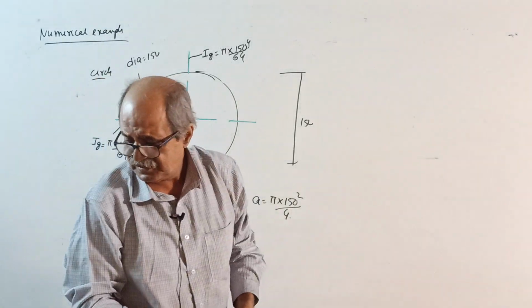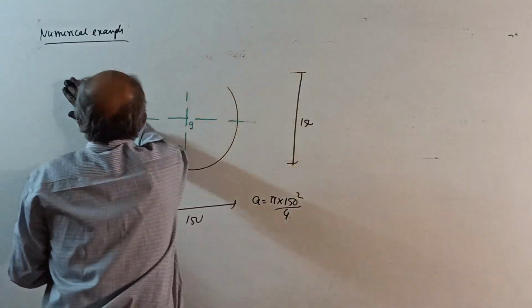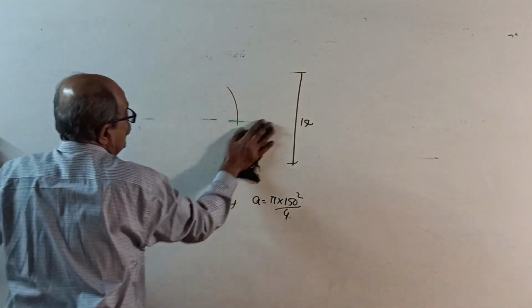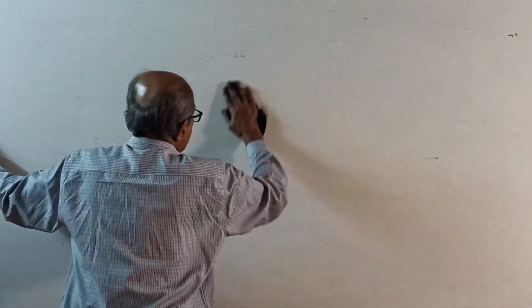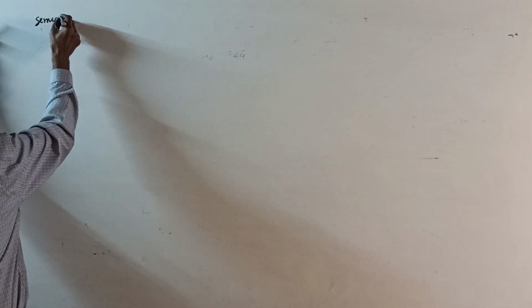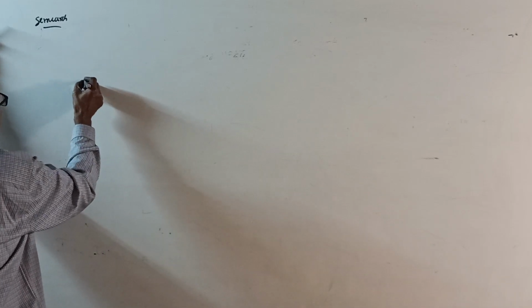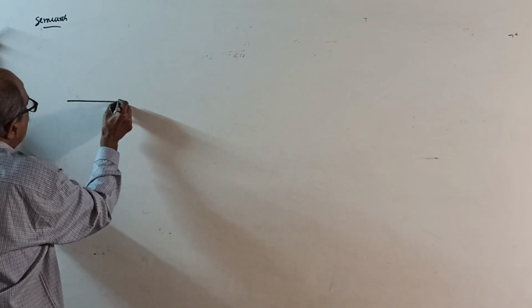This is for the circle. Now, semicircle, I will put all semicircle examples in millimeters. To understand correctly, I will do one thing now. Examples for semicircle, so that in future there is no difficulty. One semicircle I will take this way.